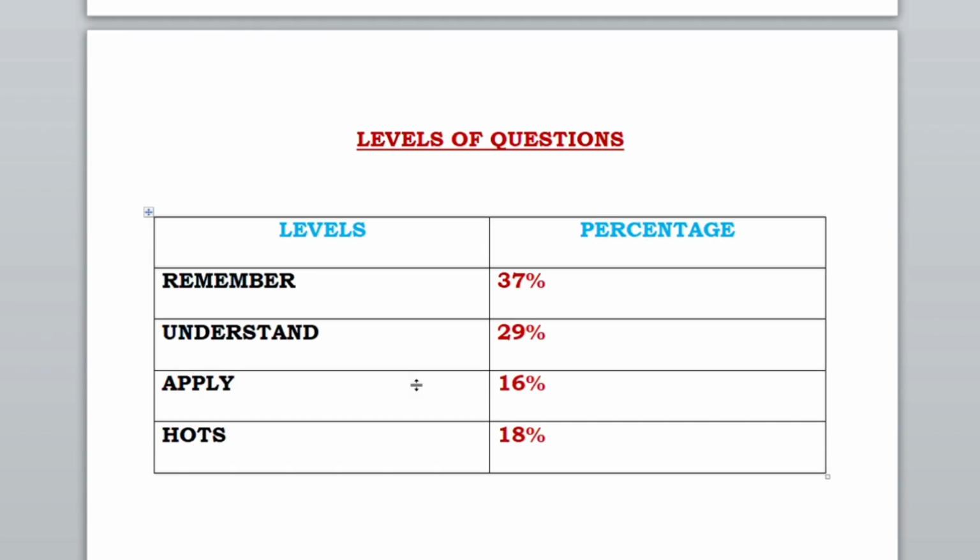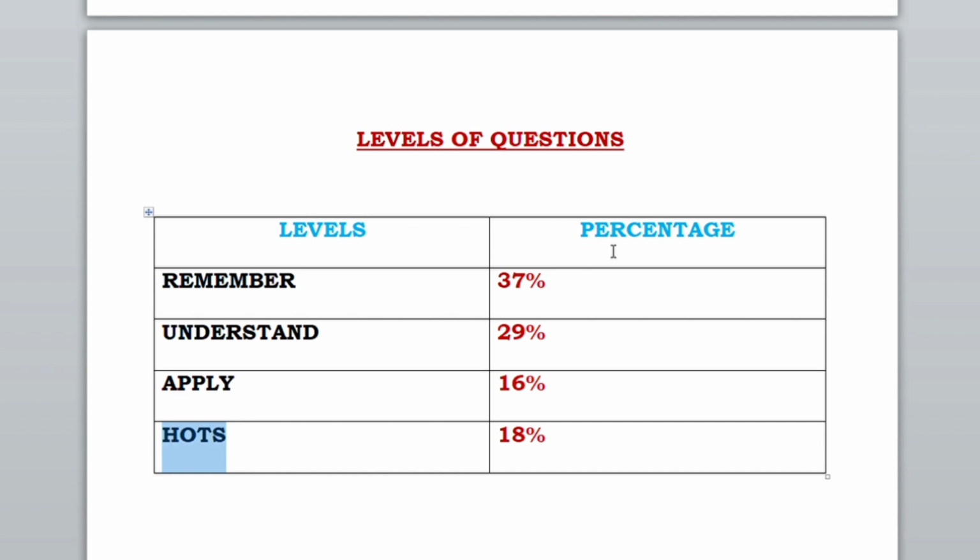You have different levels of questions: remember level questions, understand level questions, application level questions, and HOTS, higher order thinking questions. There will be some percentage of each, and this percentage varies slightly from one model paper to another.